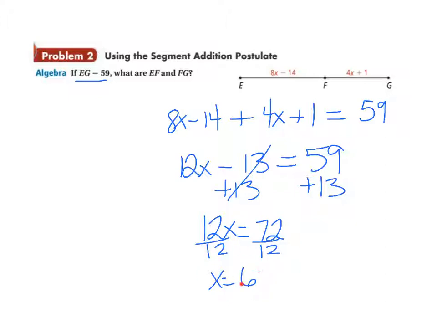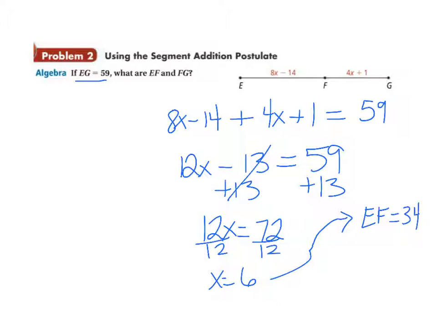So I'm going to take this 6 that I got and plug it in right here, that way I can figure out what EF is. So 8 times 6, that's 48, and 48 minus 14 would be 34. So then over here, for my answer, using that, I can say EF is equal to 34.